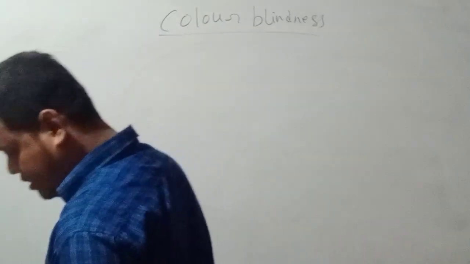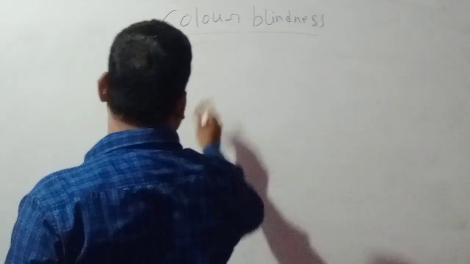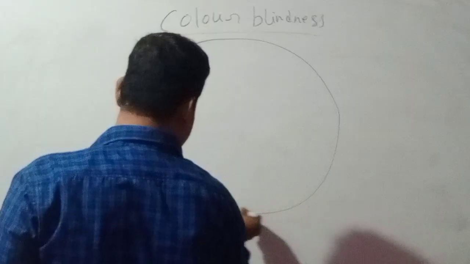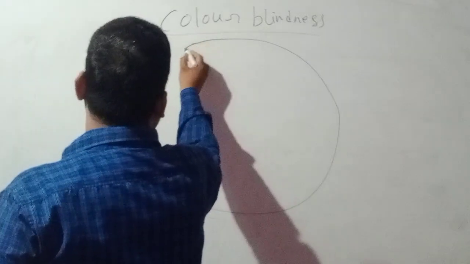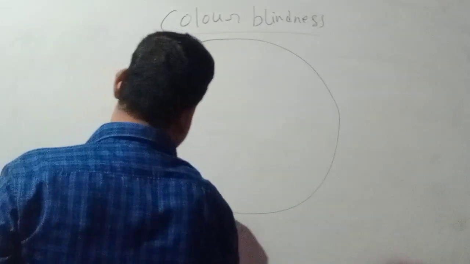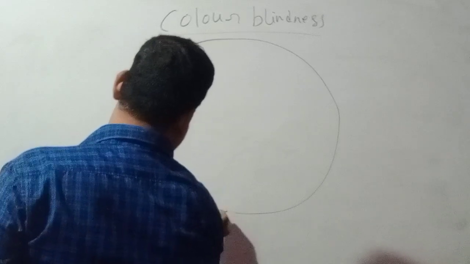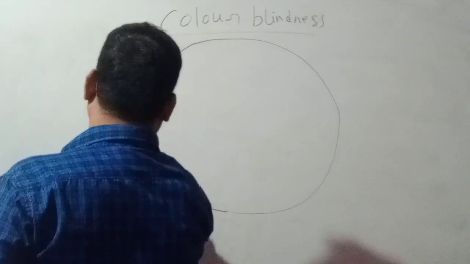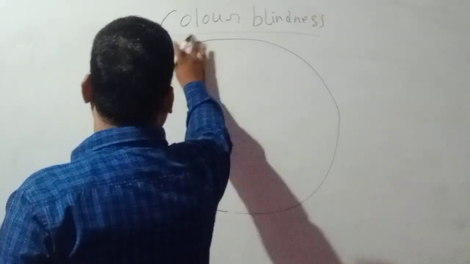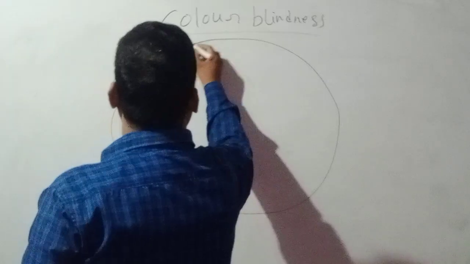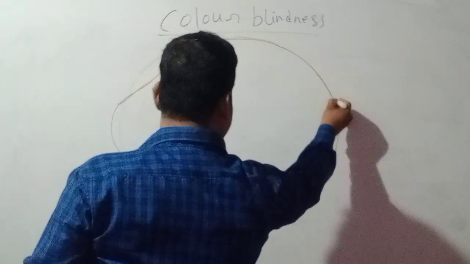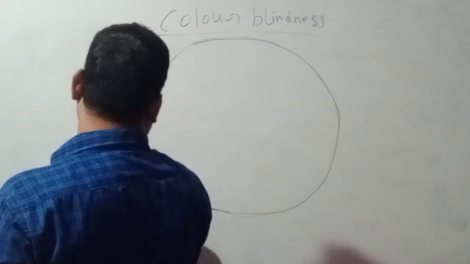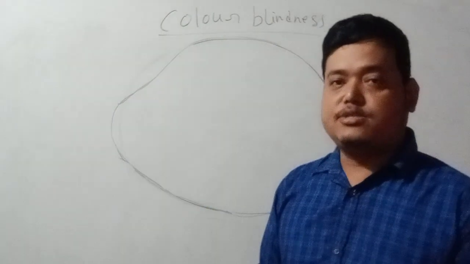We know that if we cut our eye this way, we can find that our eye has this structure, and most of the time you have seen this structure also.